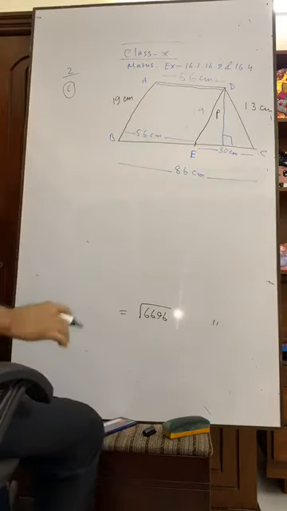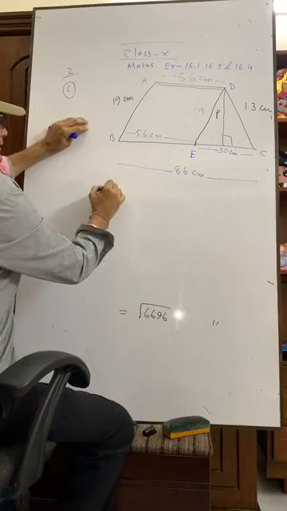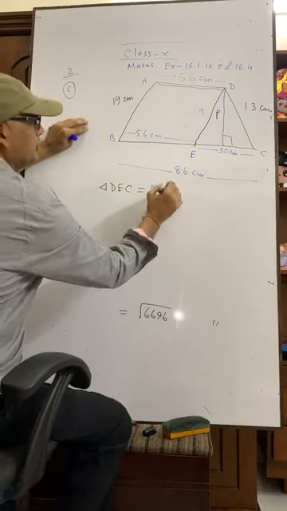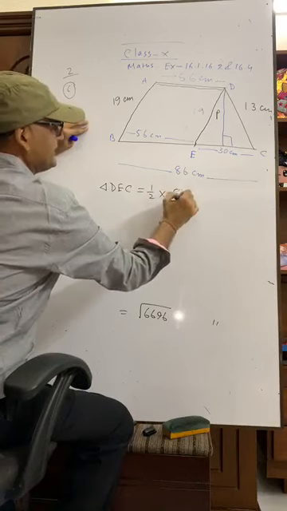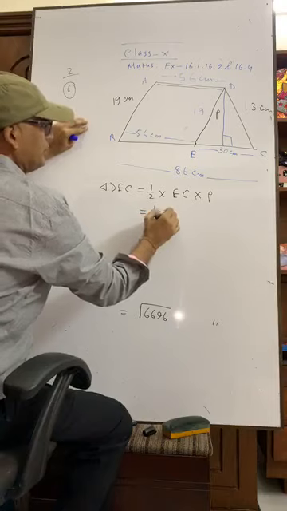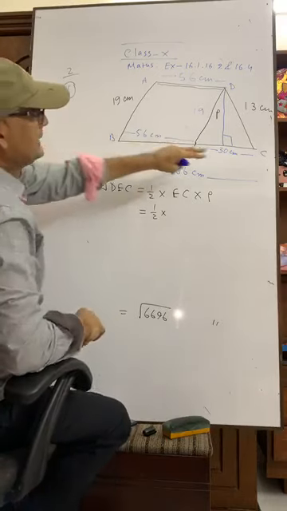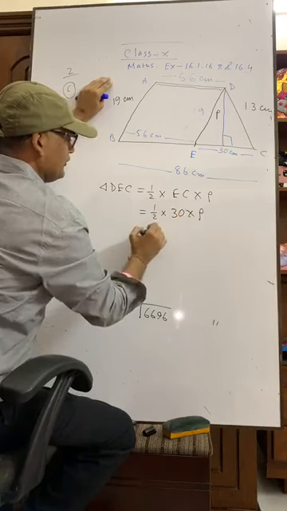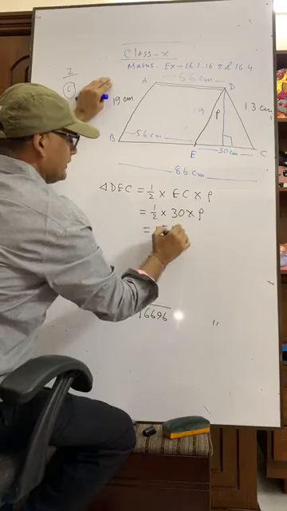Now again we can write triangle DEC equals to half into base, base is EC, into height P, right? So half into this is 30 into P, that is 15P.